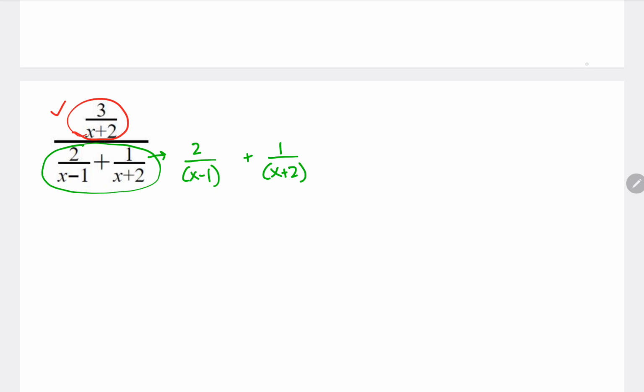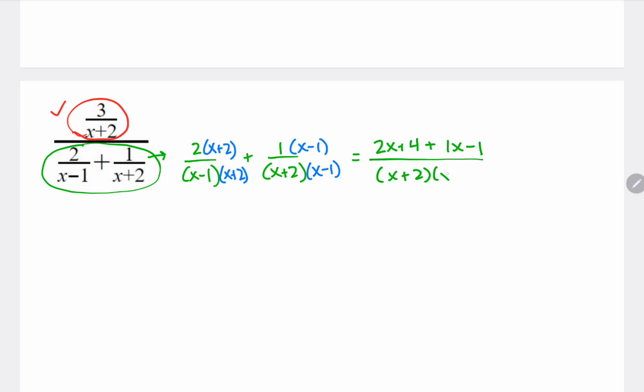To get a common denominator, I'm going to need to multiply this by x plus 2 over x plus 2. And this fraction needs an x minus 1 in the denominator. So when I multiply those numerators, when I distribute, I get a 2x plus 4. And I get a 1x minus 1 all over our now common denominator of x plus 2 and x minus 1.